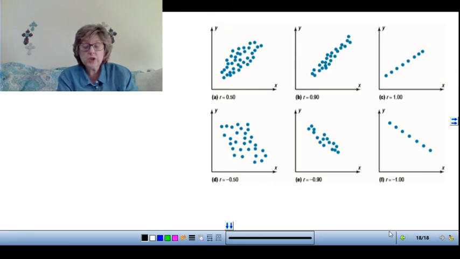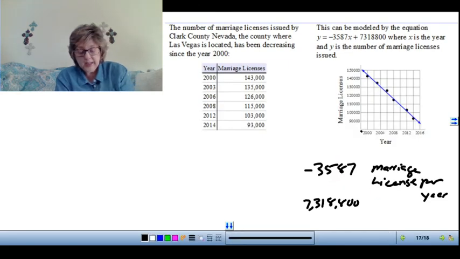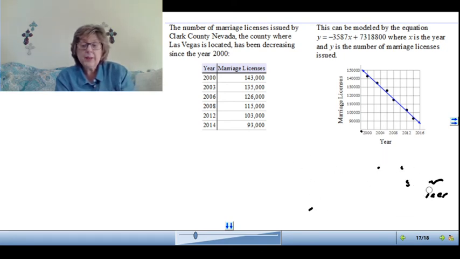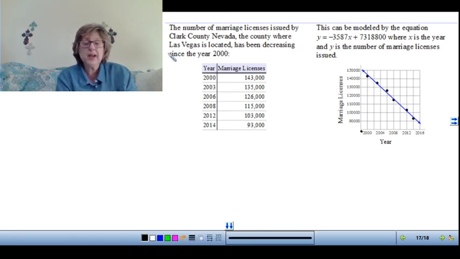There are 2 ways to make a prediction. We can do what's called an interpolation, which is when I'm dealing with a data point and I want you to estimate a value. So maybe I want you to tell me how many marriage licenses there would be in 2002.